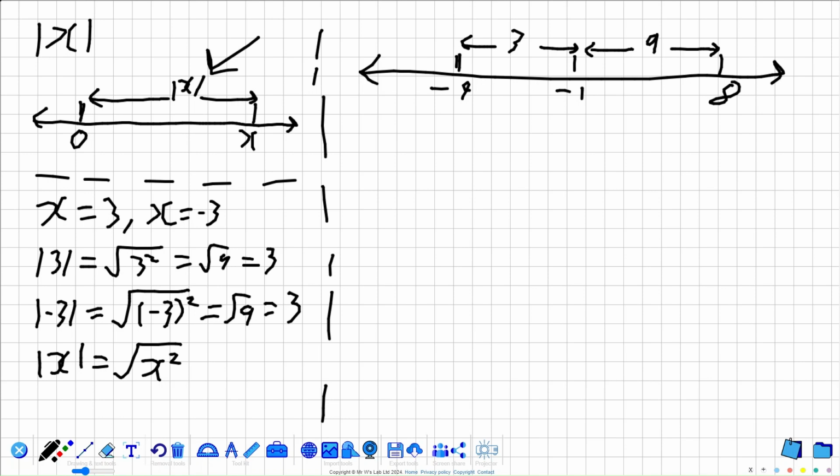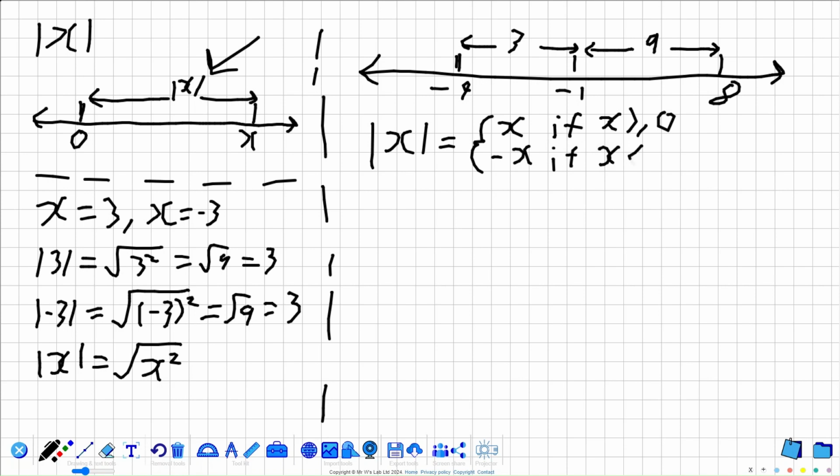The general formula for this is mod x, where you've got multiple points, equals, and this is just a general formula example, x if x is more than or equal to 0, and negative x if x is less than 0.